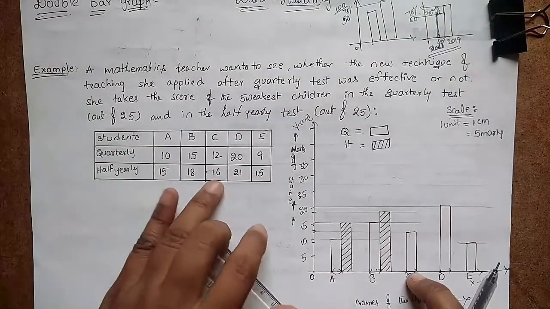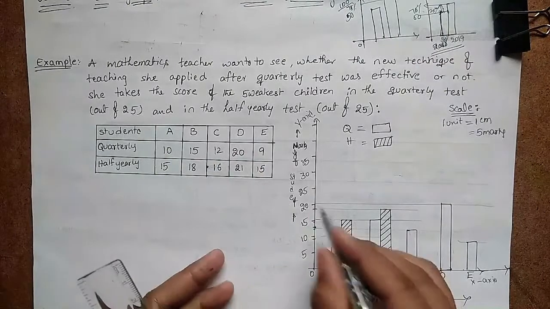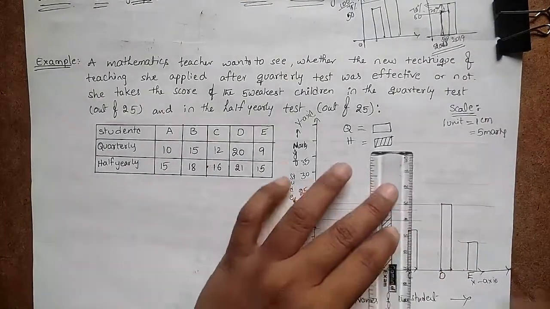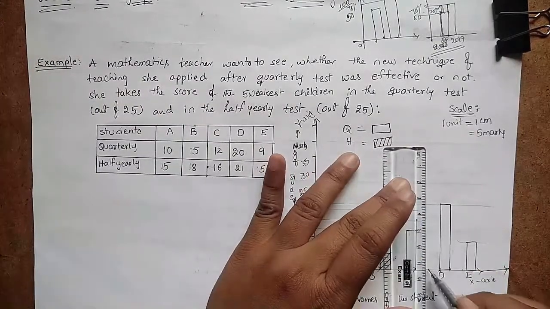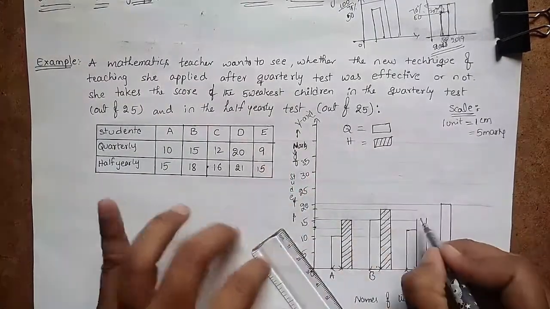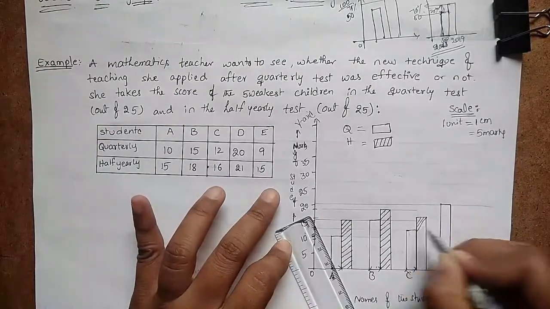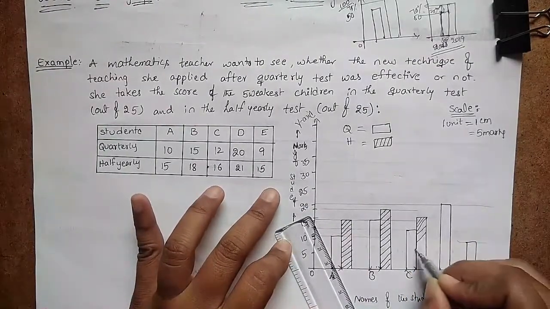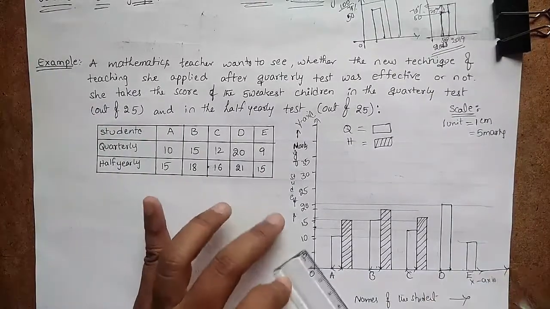Next, coming to C, that was 16. 16 is nothing but just 1 point above the 15. So take it like this, this was the 15 point, just across the 15. So this was the 16. Similarly repeat for half yearly, a checkered line throughout the half yearly box.